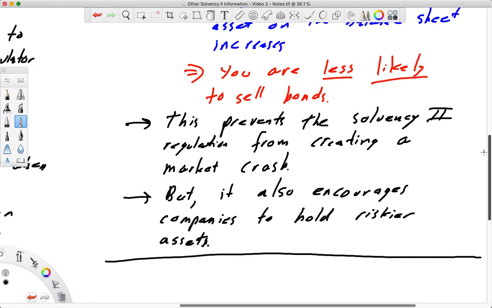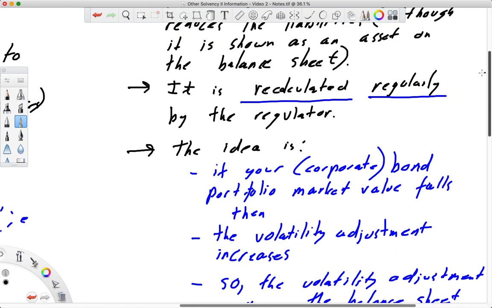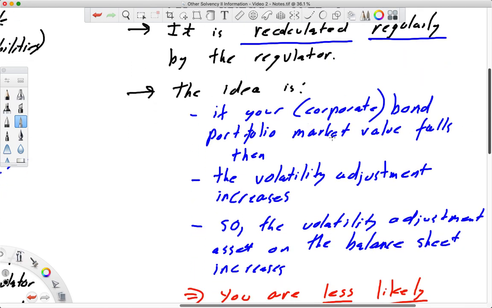So if the volatility adjustment did not exist and you're holding corporate bonds and the market value of those bonds falls, then you are less solvent. It may also be the case that your SCR increases. And so all of that encourages you to get rid of bonds. So the corporate bond market value falls, you end up selling those corporate bonds, and because you're selling them, the market value falls further.